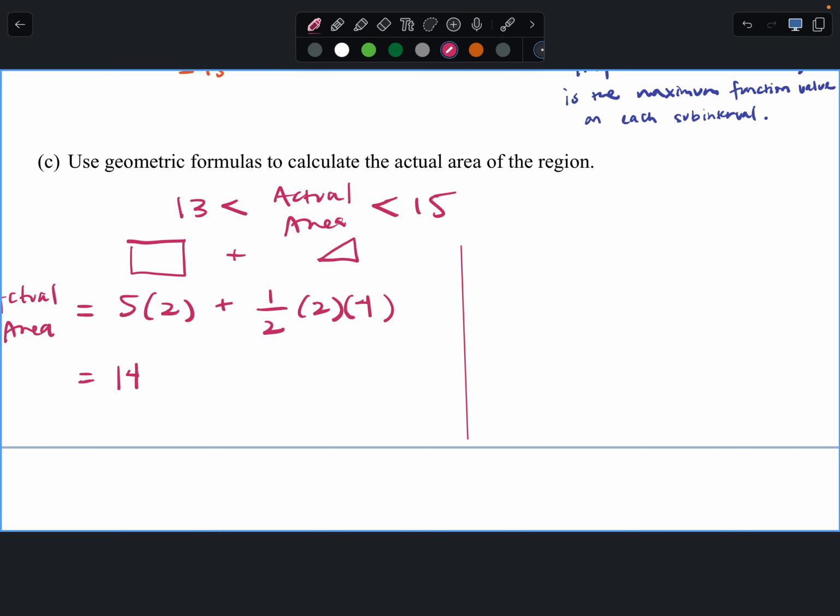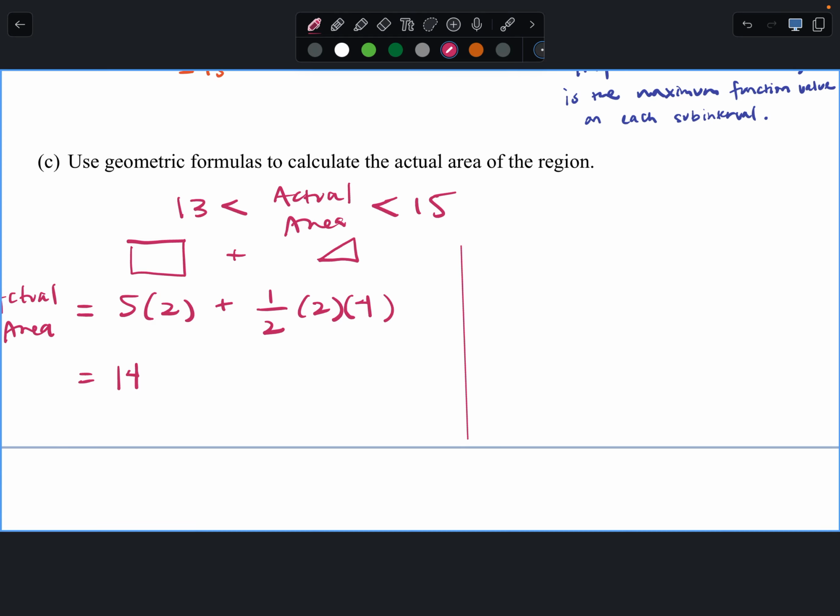Okay? So remember, trapezoid, there would be 2 parallel sides, and then the other sides don't have to be parallel to each other. But we could say this is the height of the trapezoid. This would be side A, side B. So the area is going to be the average of the 2 sides that are parallel to each other times the height.